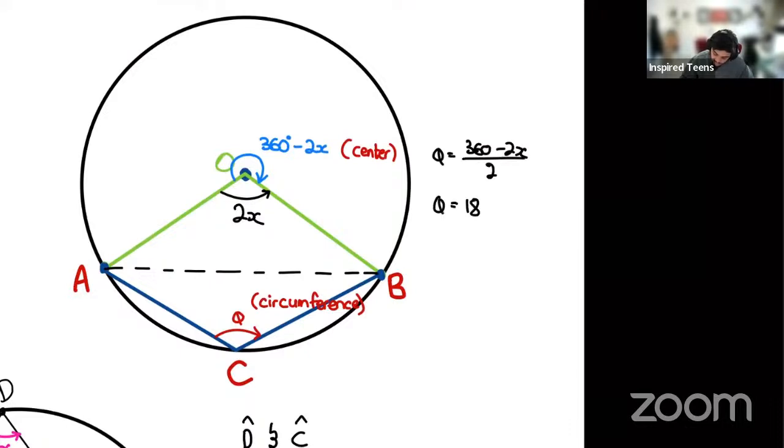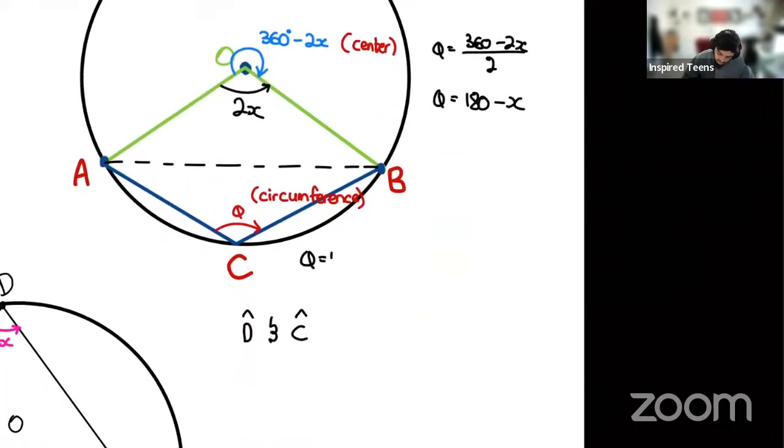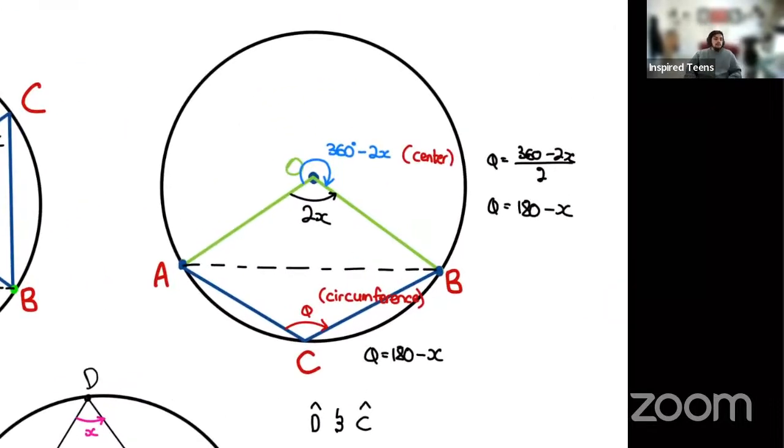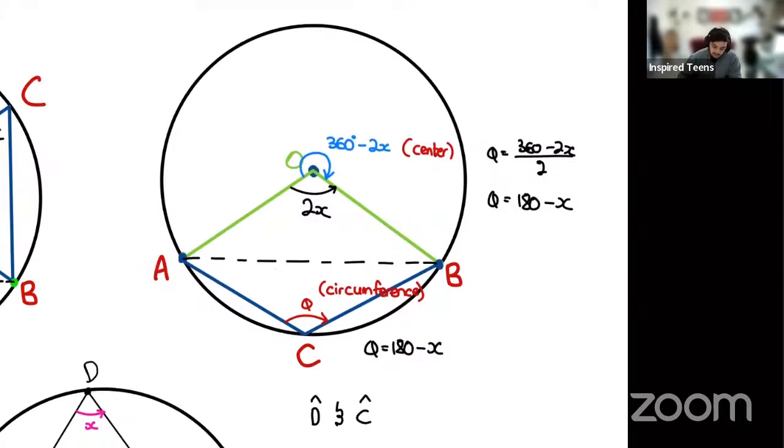So theta is equal to 180 minus x. I hope that makes sense. So again, if you're dealing with the circumference angle in a different segment, this is how you deal with it. You need to work out the reflex angle at center and then halve the reflex angle at center to get that angle at circumference, which is in the other segment.